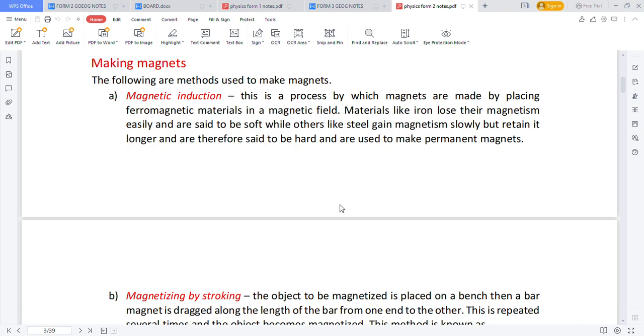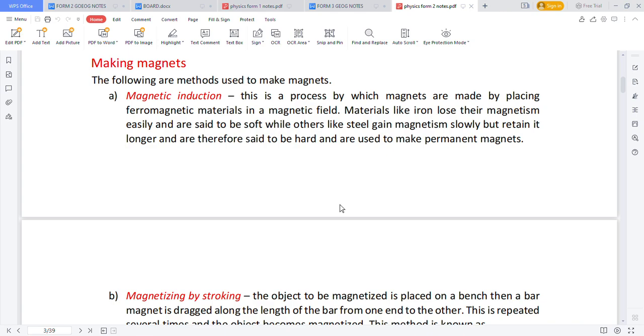lose their magnetism easily and are said to be soft, while others like steel gain magnetism slowly but retain it longer, and they are said to be hard magnetic materials, and are used to make permanent magnets.